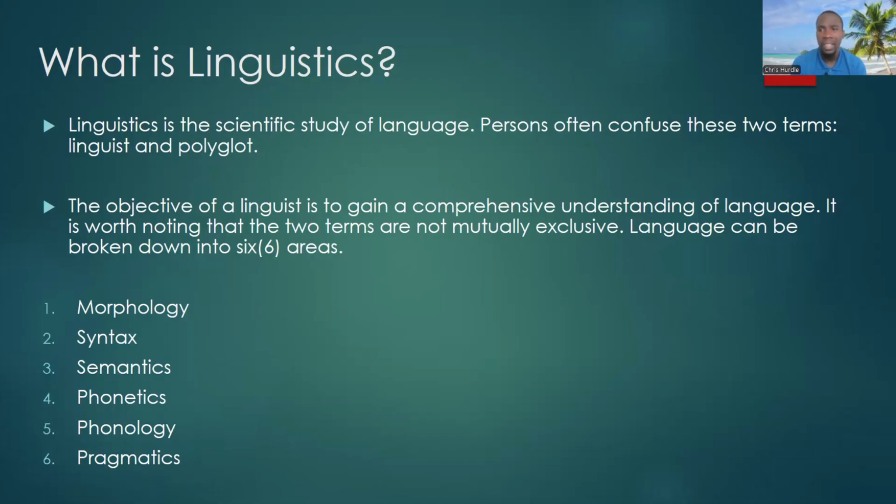So just remember that a linguist is someone who has a deep understanding of language itself, whereas a polyglot is someone who has knowledge of multiple languages, okay? The objective of a linguist is to gain a comprehensive understanding of language, right, which I just explained.